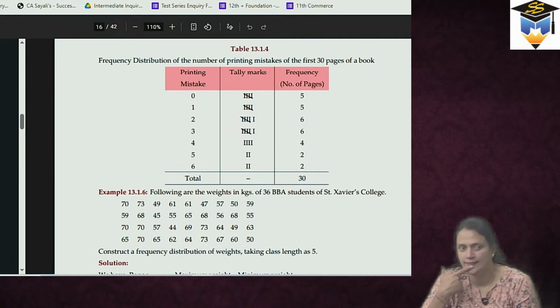So construct a table. Once you finish, let me know. So we can check the tally marks.